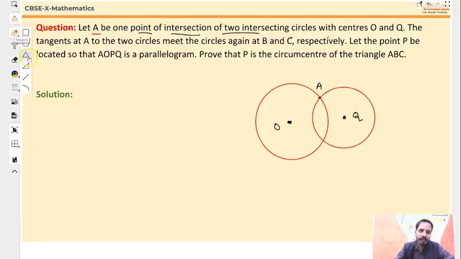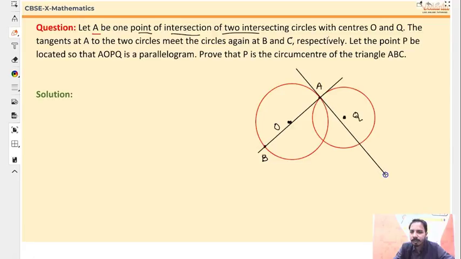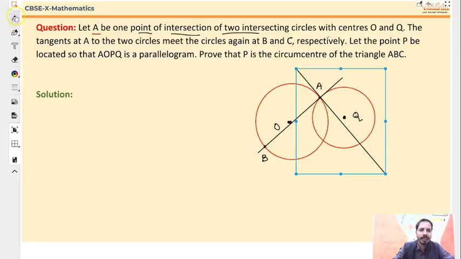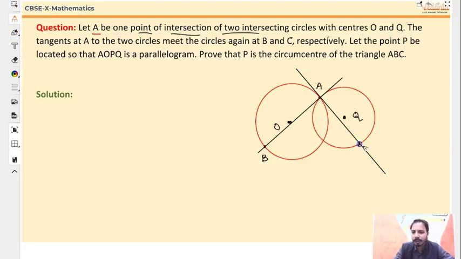That means if I try to draw a tangent to this circle with center Q, it will be something like this. Let us say this tangent meets this circle at point B. Similarly, if I draw a tangent at the point A to this circle, let me say this point is C. Now let me change the color of this circle so that it becomes easier for us.